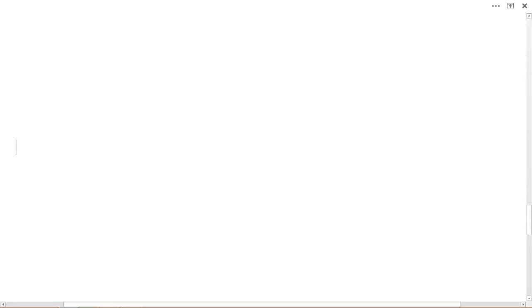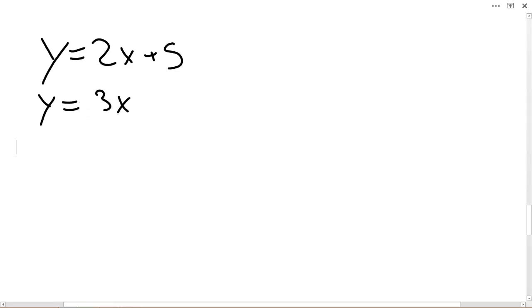Let's do y equals 2x plus 5 and y equals 3x plus 7. Let's say we want to solve these two equations using elimination.